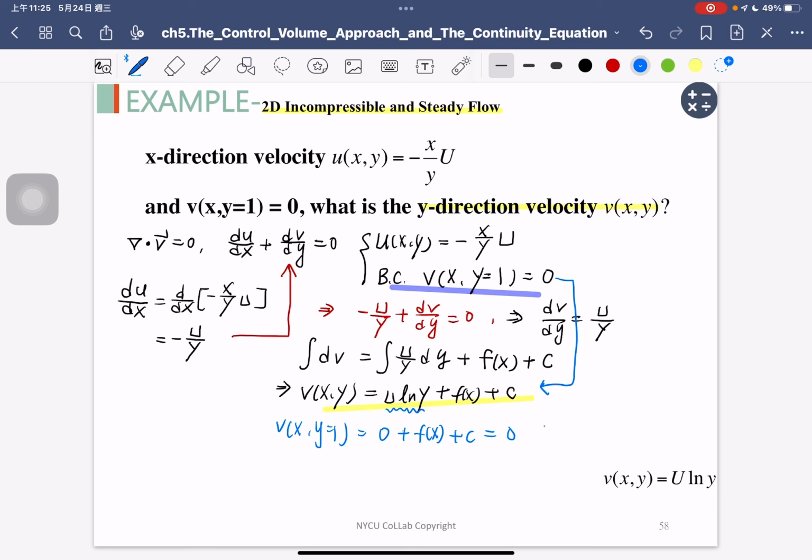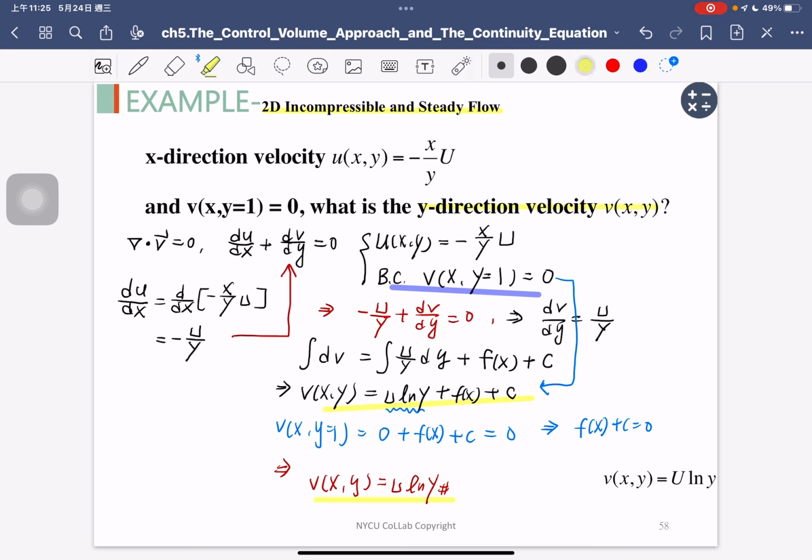So based on this boundary condition, f(x) plus c should equal 0, right? So we can conclude that the final answer for the velocity v(x, y) is only equal to capital U ln y.